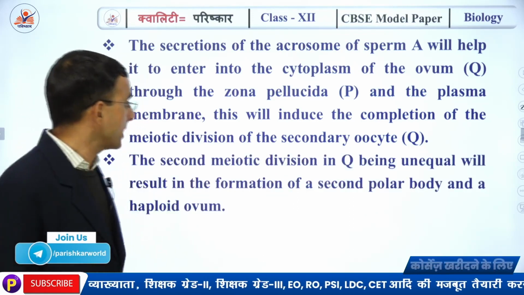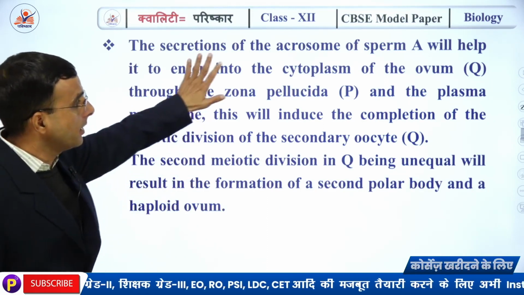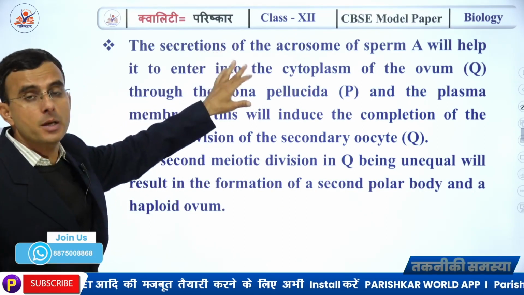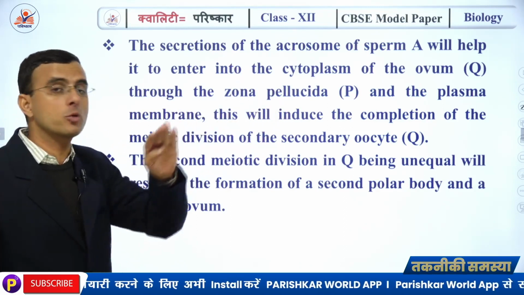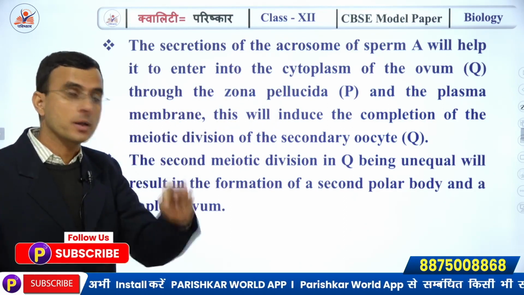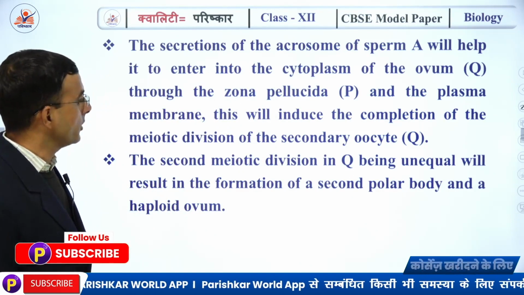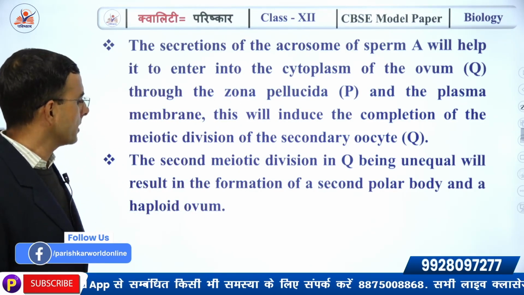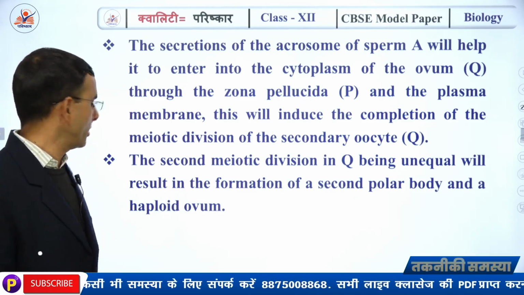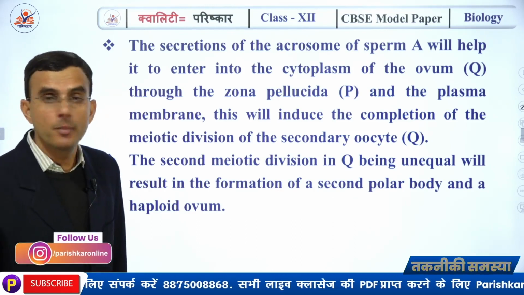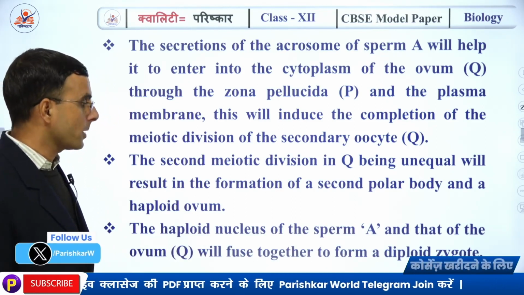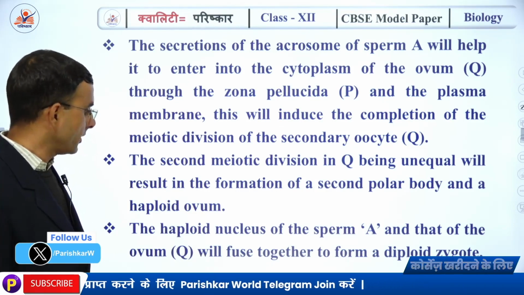So the sperm is exhibiting these types of changes in the ovum for further development. The second meiotic division in the ovum is unequal, and that results in the formation of the second polar body and a haploid ovum. Now the haploid nucleus of the sperm and that of the ovum will fuse together.